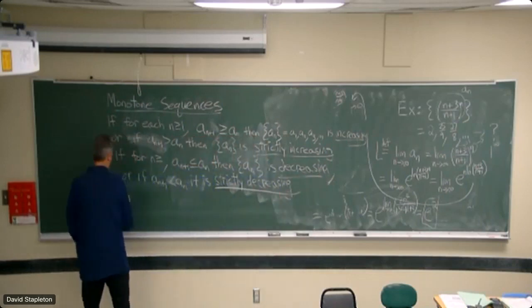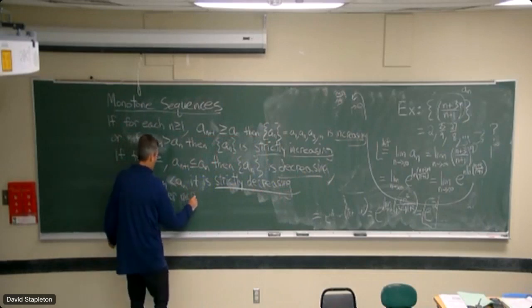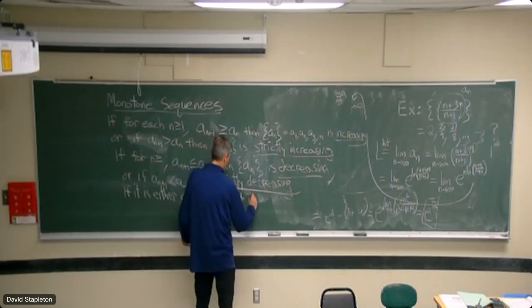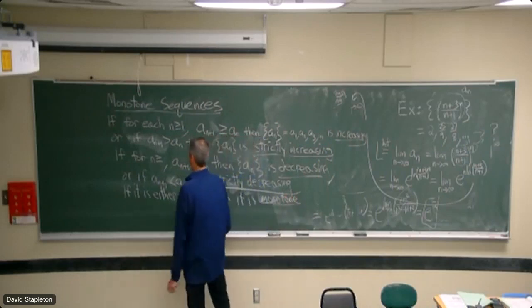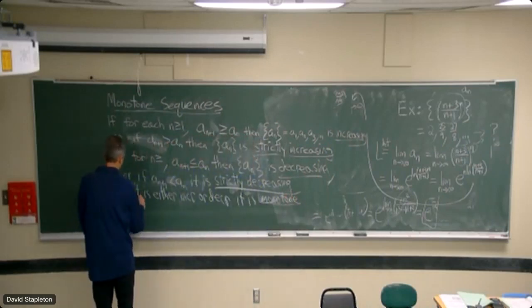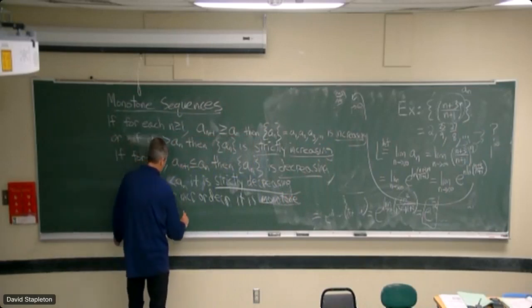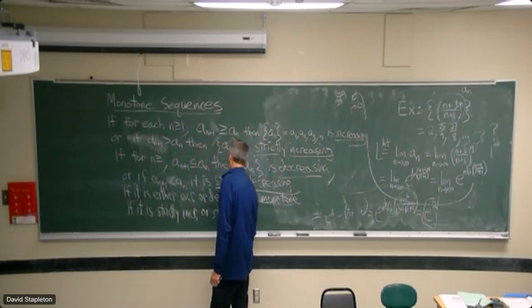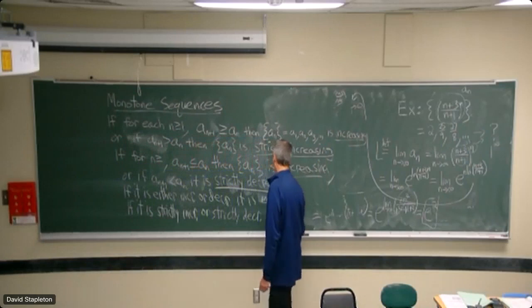And then finally, if it is either increasing or decreasing, it is said to be monotone. If it is strictly increasing or strictly decreasing, then it is strictly monotone.